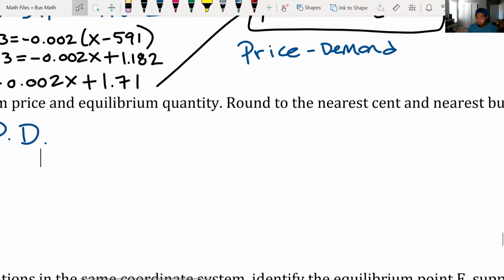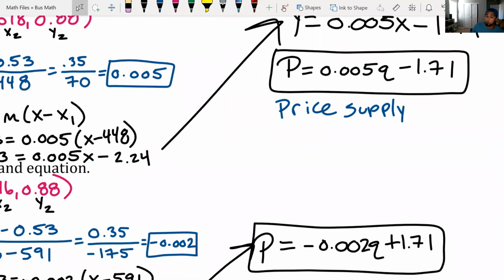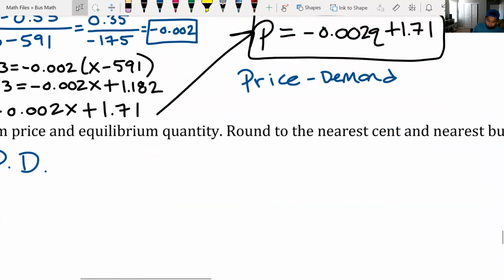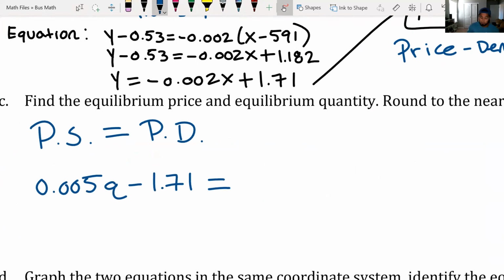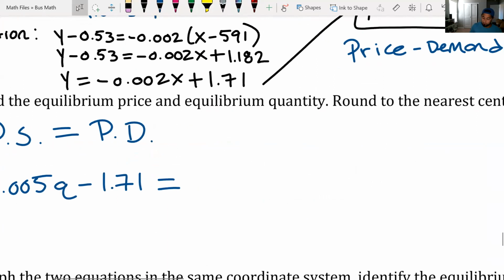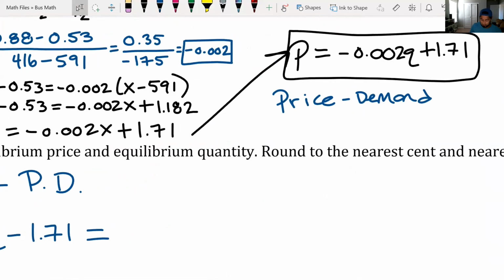So my price supply is 0.005Q minus 1.71, equal to my price demand, what we just made, negative 0.002Q plus 1.71.